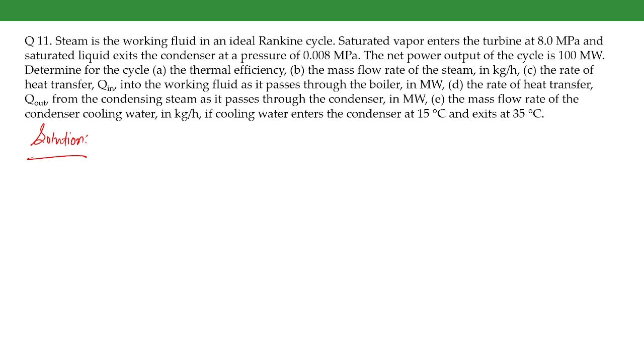Steam is the working fluid in an ideal Rankine cycle. Saturated vapor enters the turbine at 8 megapascal, and let me first draw the components. There will be a boiler which produces steam. The steam from the boiler exit enters a turbine, which produces a net work output.